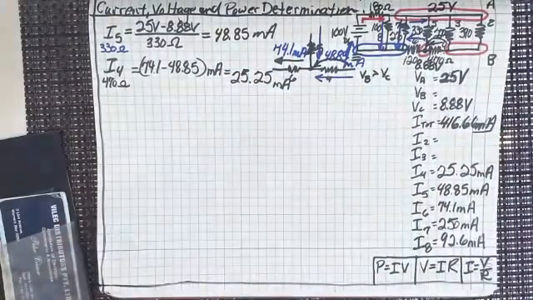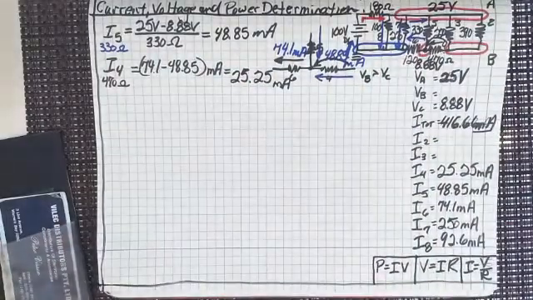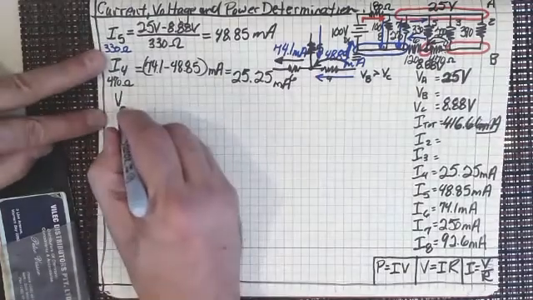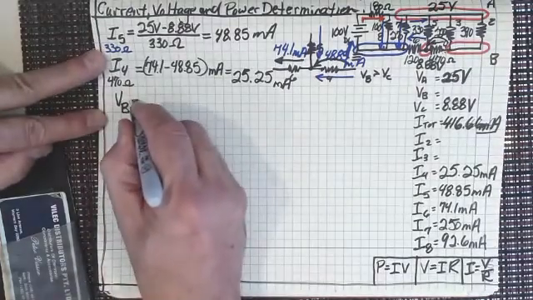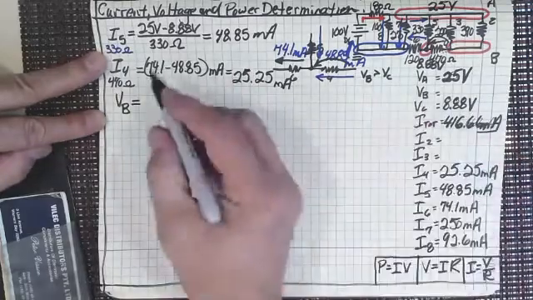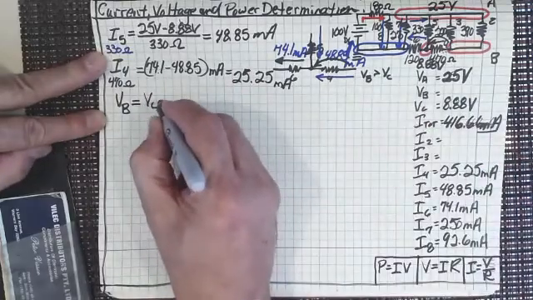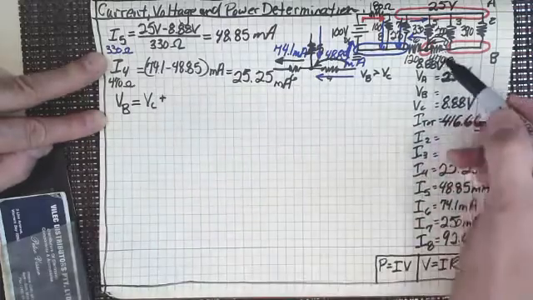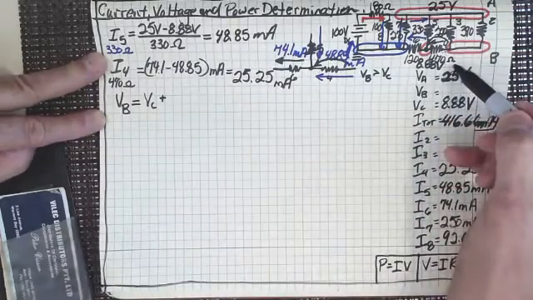I'm sure that you realize that from the very beginning. So we now know how much that's going to be, though. So what we can find next is the voltage at B, right? Because the voltage at B is just the voltage at C plus the voltage from the current flowing through the 470 ohm resistor, and we know what that is.